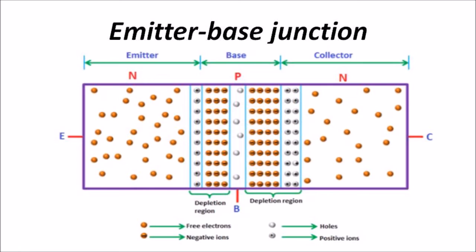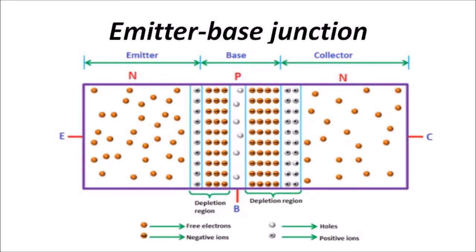As a result, the N region atom which donates the 3 free electrons will become a positive ion, and the 3 P region base atoms which accept these 3 free electrons will become negative ions. Thus, each N region positive ion produces 3 P region negative ions.